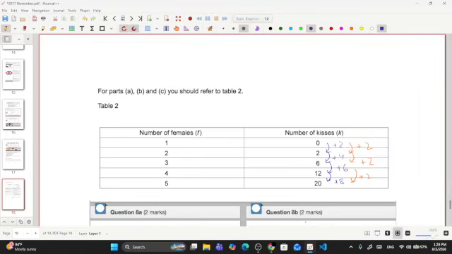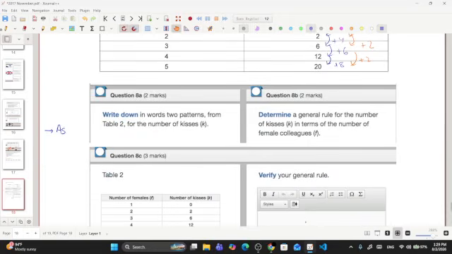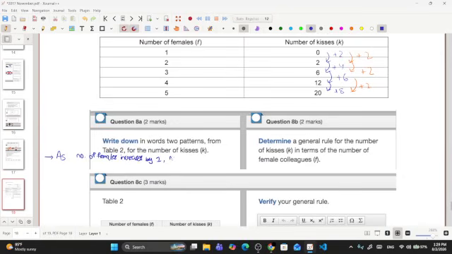So we can say that as the number of females increases by 1, the number of kisses increases by consecutive even numbers.